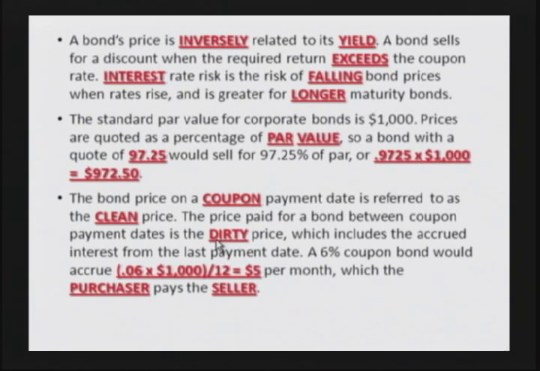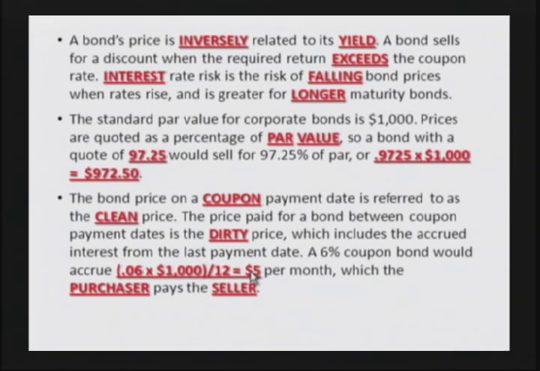So, for example, a 6% coupon bond is going to pay $60 per year in coupon payments, right? The coupon rate times the $1,000 par value, $60 per year. That's $5 per month. It might pay $30 semi-annually or $60 at the end of the year, but either way it's paying a total of $5 in interest per month.